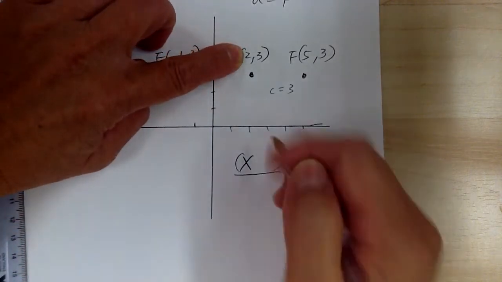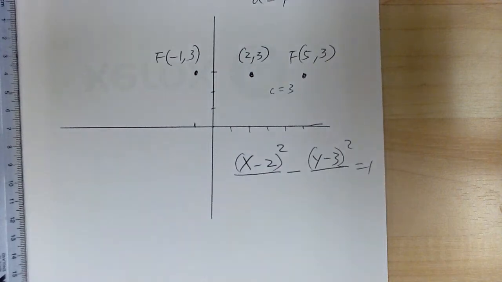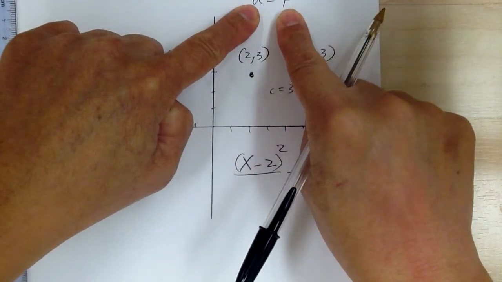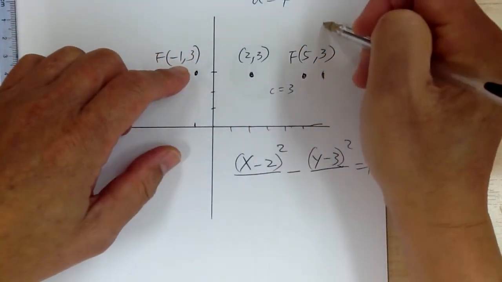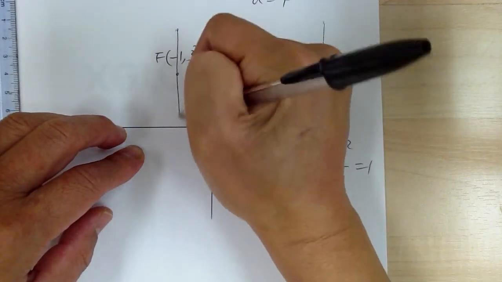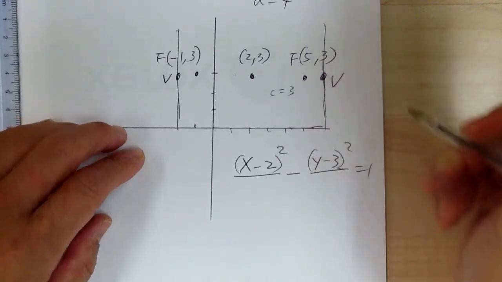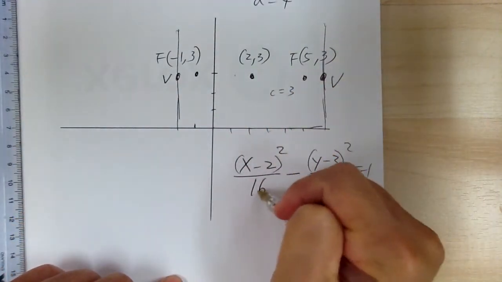So this is for the x, so it would be minus 2, and this would be minus 3 for the y. Now, a is equal to 4. So you go 1, 2, 3, 4. So here's your a. The 4 is in the x direction. So you square that, 16 goes under here.